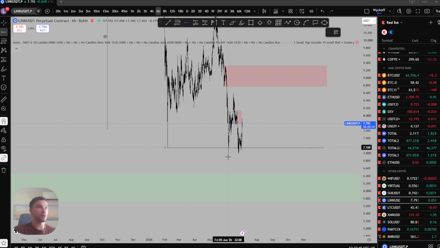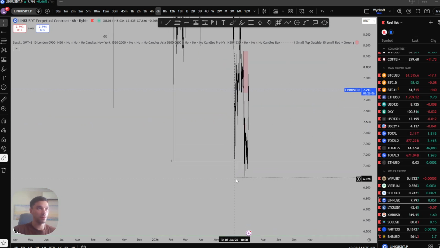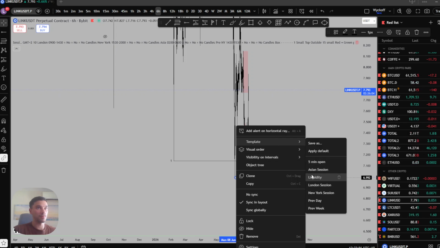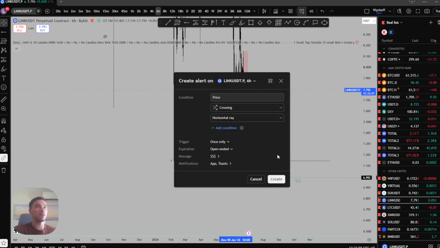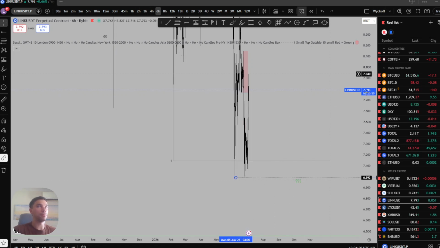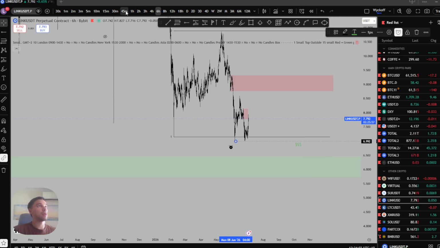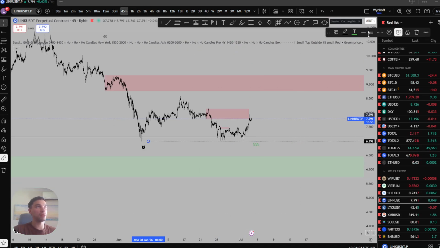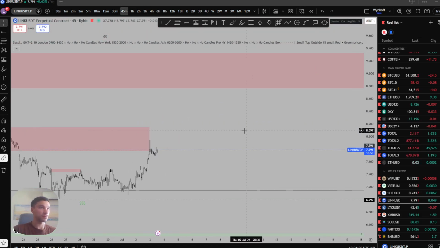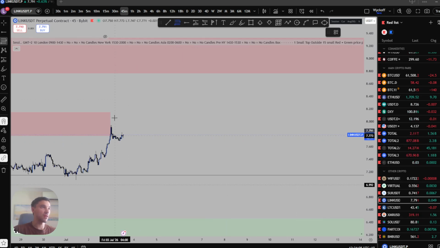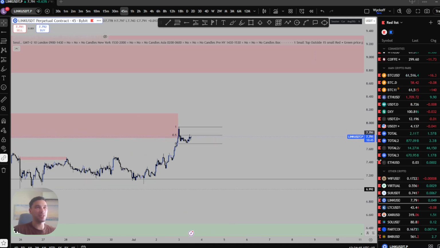We do have some liquidity here. Boom. Yeah, we'll see if we can reject here from this supply from Link. This range does need a bit more time to develop. We've just sort of confirmed it as a range.